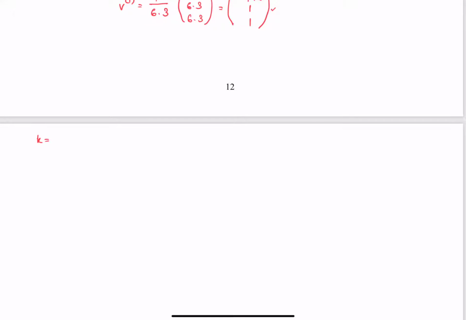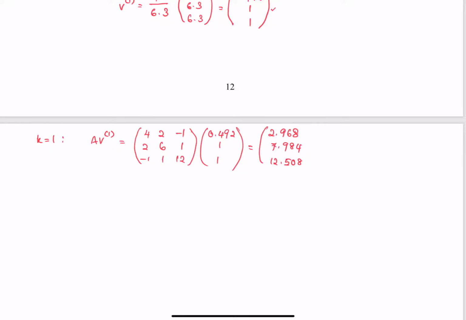K is equal to 1, we can calculate AV1 equal to, again our matrix A is 4, 2, negative 1, 2, 6, 1, negative 1, 1, 12, multiplied by 0.49211, and then this one we will get 2.968, 7.98, 12.508.